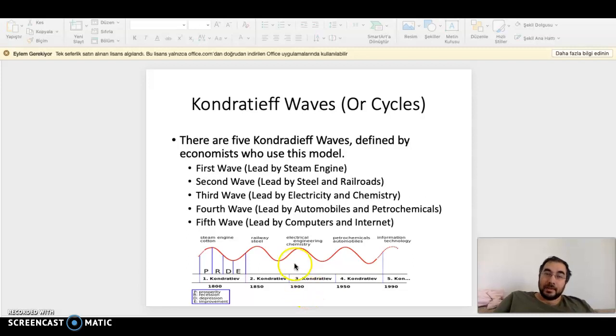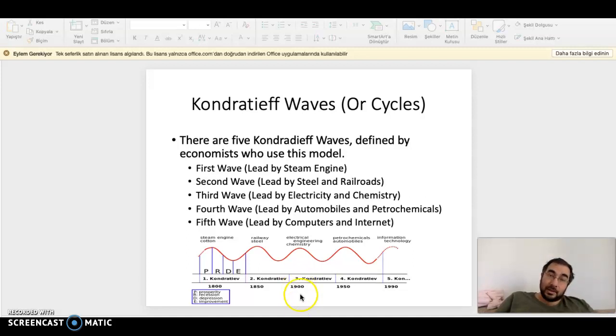And then you have the third wave, where you had multiple sectors, but two are considered the most dominant: chemistry and electrical engineering. That's the time of Edison, the light bulb, Alexander Graham Bell, but also the time of new types of medicines that were found and new chemical processes that were invented.